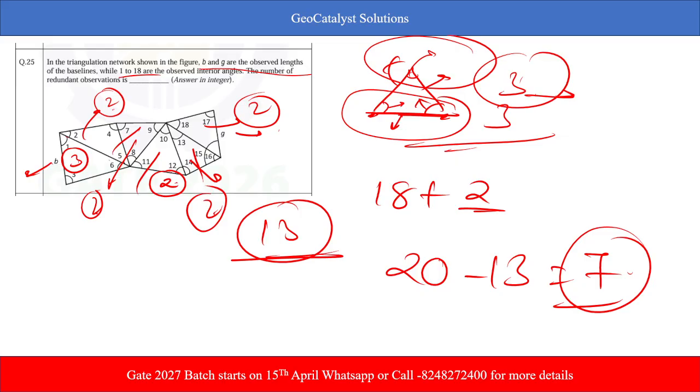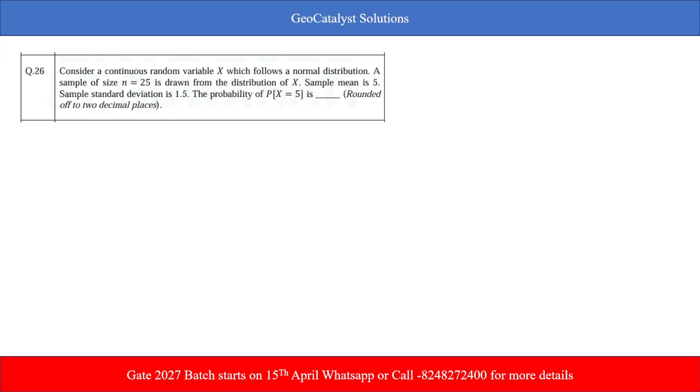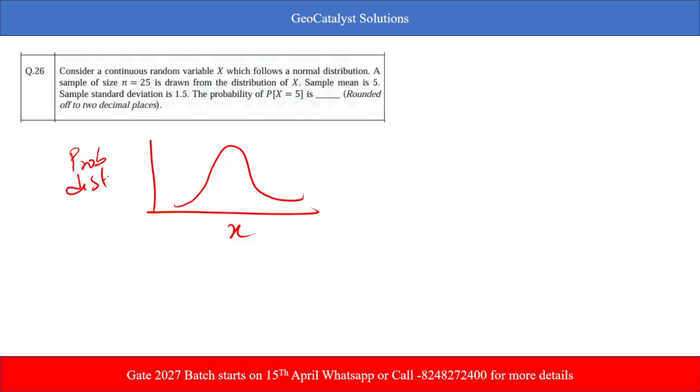So that's all for this. Coming to question 26. Question 26 was more about understanding the definition. Suppose this is a normal distribution curve. Suppose this is x and this is the probability density function, PDF, f of x.